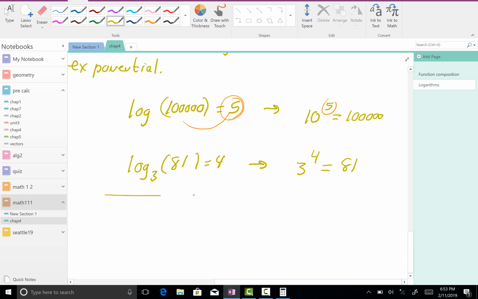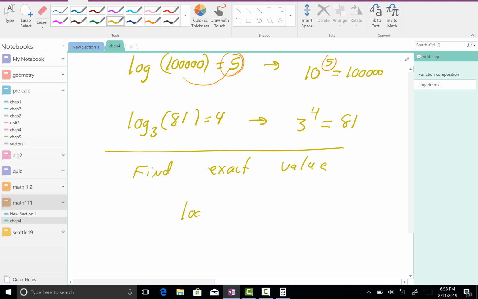Let's see here. They want you to find the exact value. So decimals probably won't work in a situation like this. And they give us the log base 1/2 of 16 is equal to what? Okay, so I'll just put an X here.